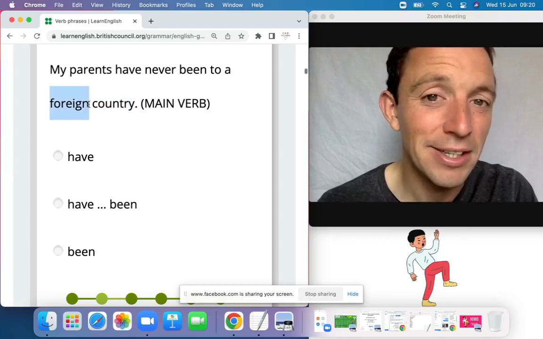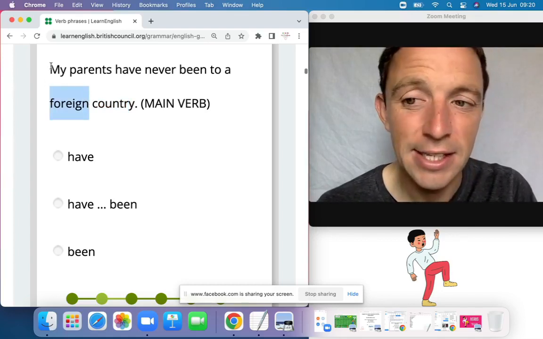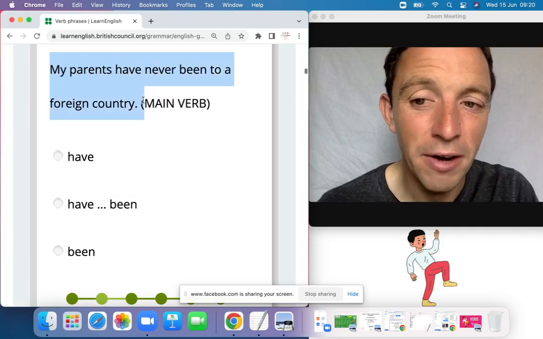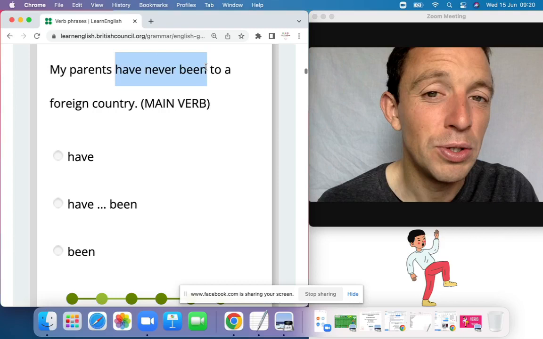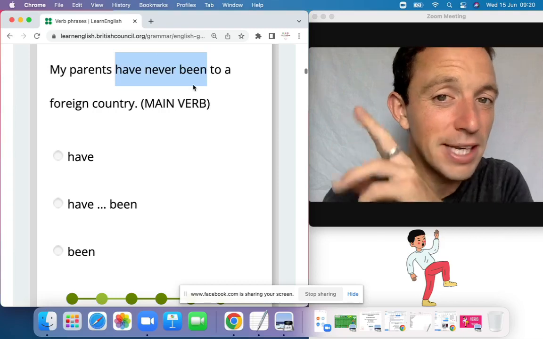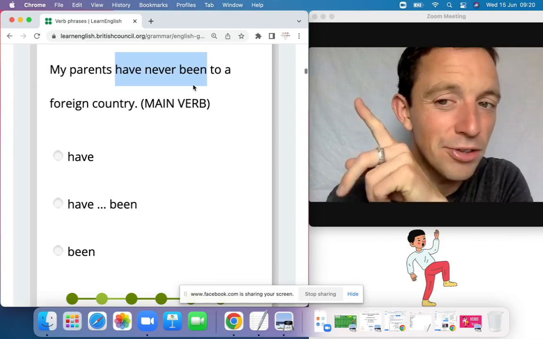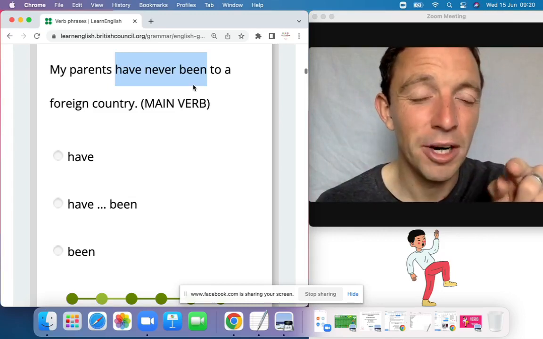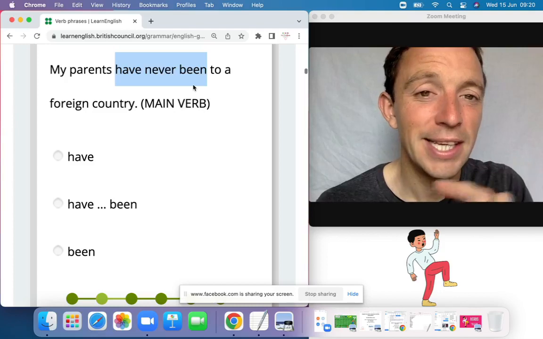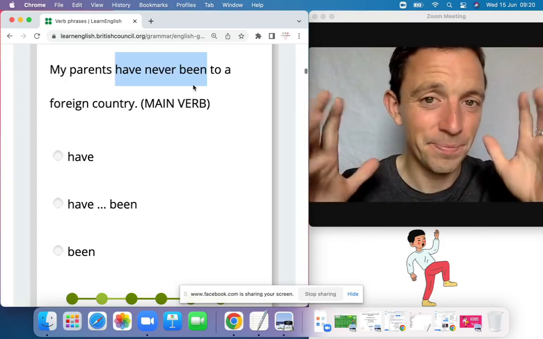This is the grammatical explanation of the sentence. My parents have never been to a foreign country. We have the verb to have plus the verb to be. If you remember this formula, I think number 2 or number 3, the auxiliary verb have plus the participle verb been. This is considered the perfect.